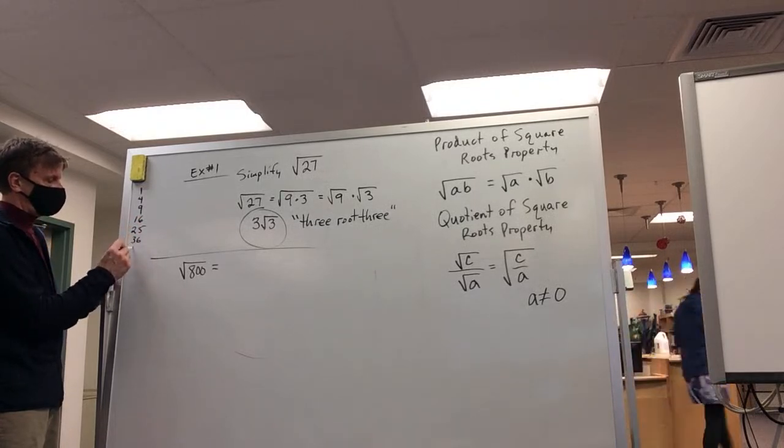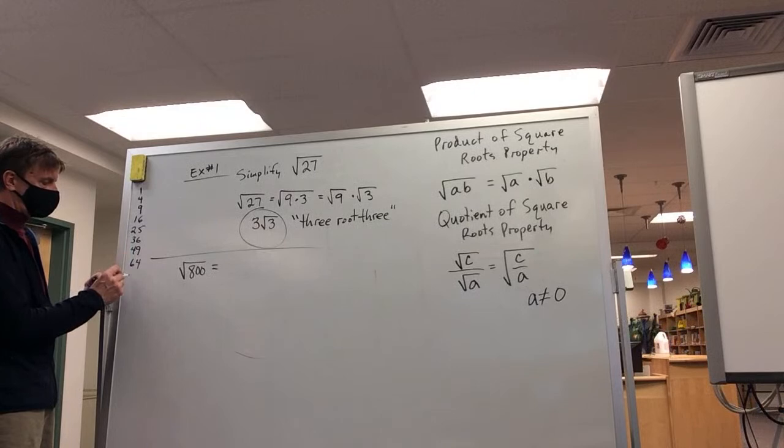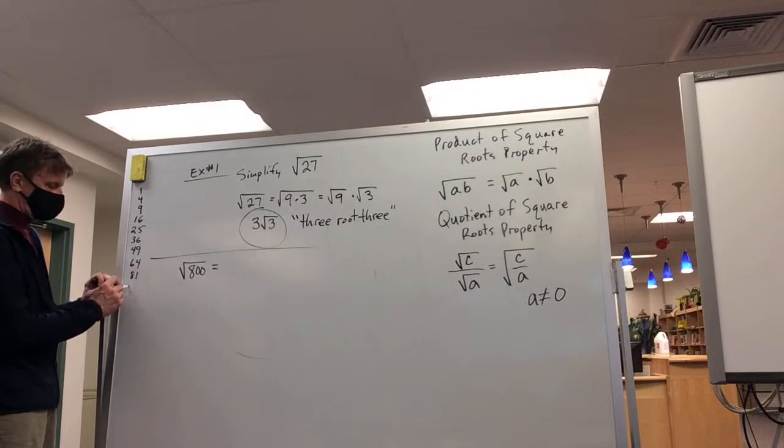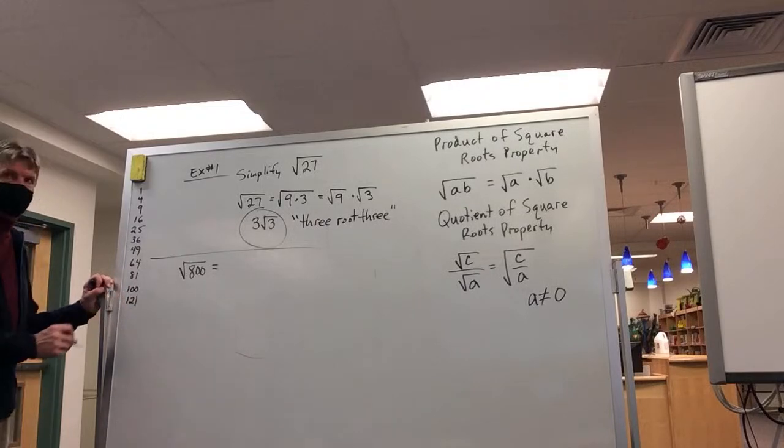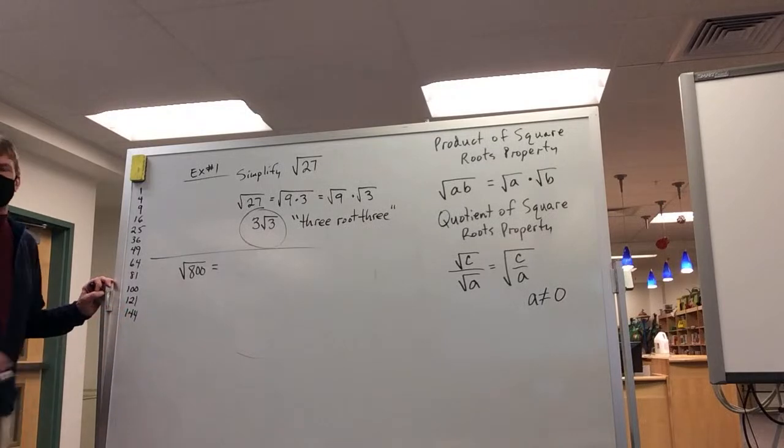And then what? 49. 64. 81. 10 times 10. It's 11 times 11, 121. 12 times 12, 144. Then they get kind of weird.